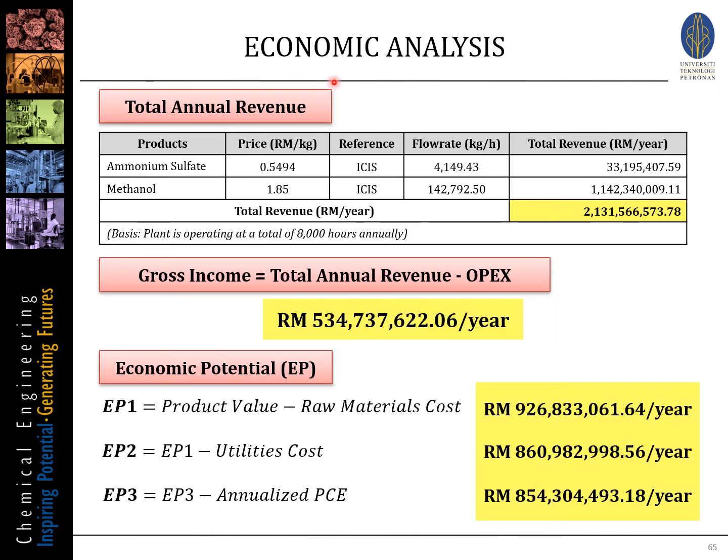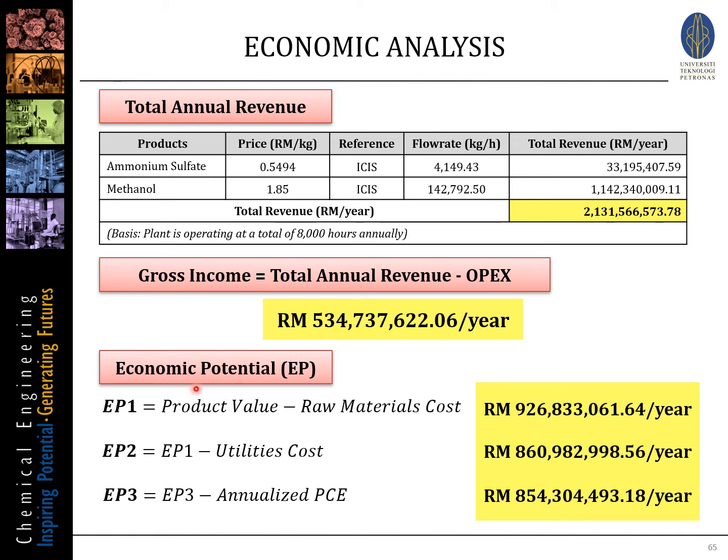Moving on, next is the economic analysis. The total annual revenue from selling the two value-added products, ammonium sulfate and methanol, is about 2.1 billion ringgit Malaysia per year. Hence, the gross income can be calculated by subtracting the OPEX from the total annual revenue. The gross income for this project is about 535 million ringgit Malaysia per year.